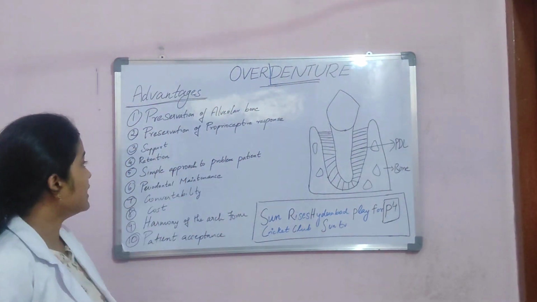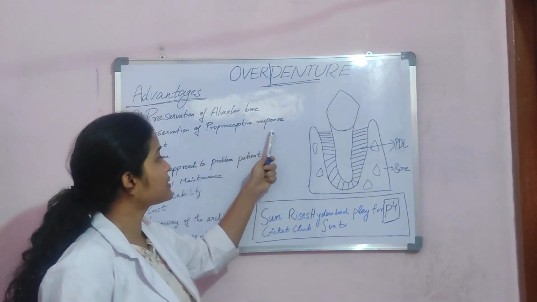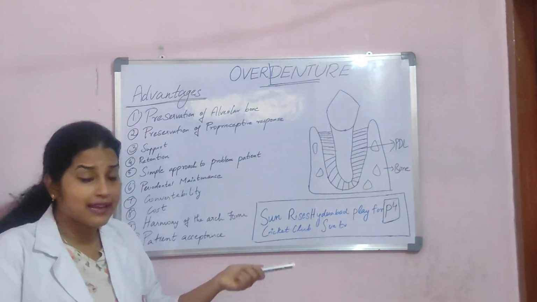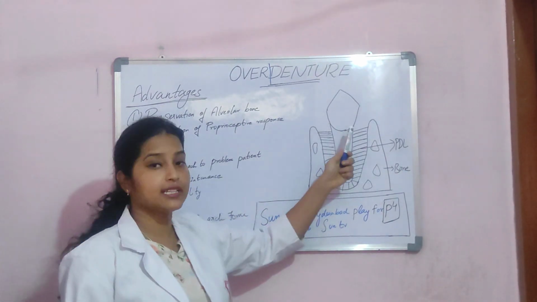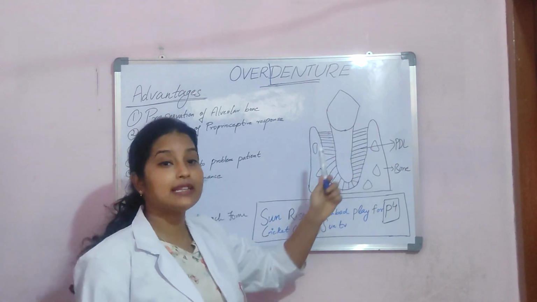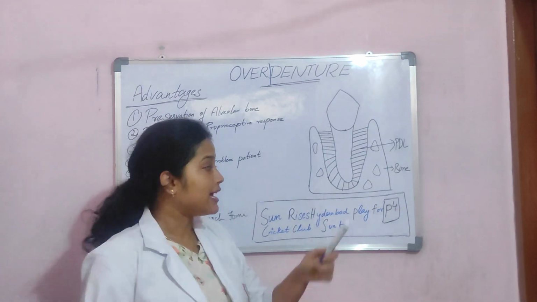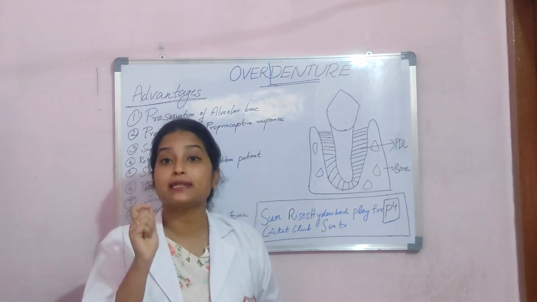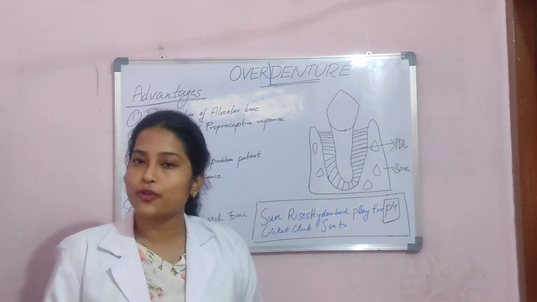The second advantage is preservation of proprioceptive response. Again, since we are preserving the teeth, the periodontal ligament surrounding the teeth is also preserved, and this periodontal ligament provides proprioception. So what is proprioception?